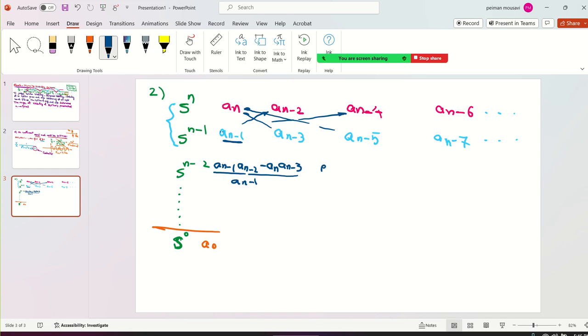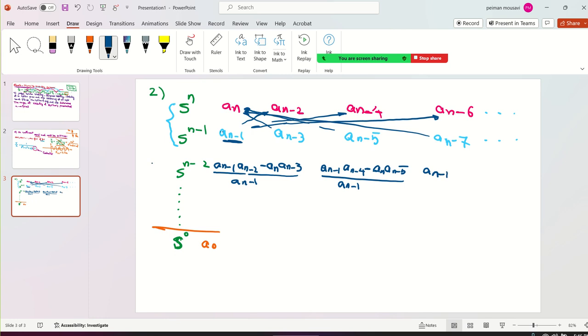So it's gonna be an minus 1, an minus 4 minus an minus 5 divided by an minus 1. The next one, this multiplied again by this minus this multiplied by this divided by first one.